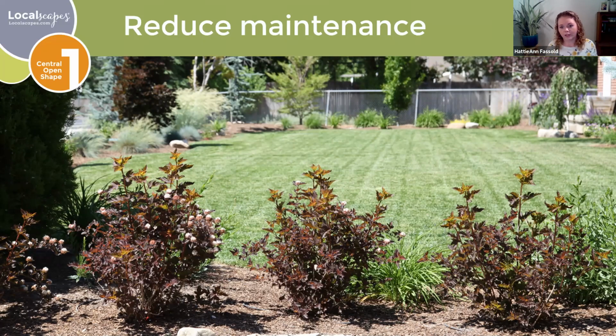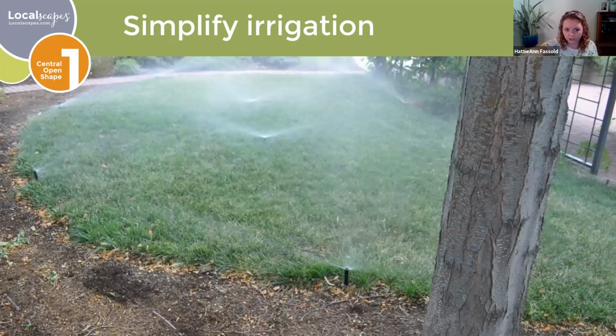Instead of having to go out there once a week for 3 hours and mow your entire yard, maybe more, because then you have to edge it and clean up the grass clippings. But now you just have this little area. So having that central open shape can reduce your maintenance, and it simplifies your irrigation because you have your irrigation just in that area.